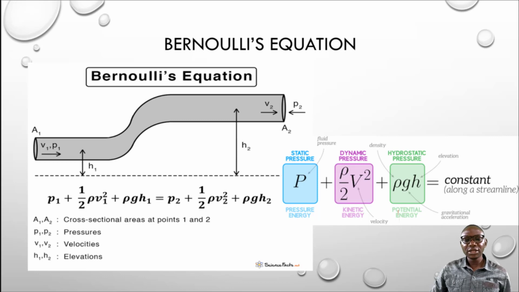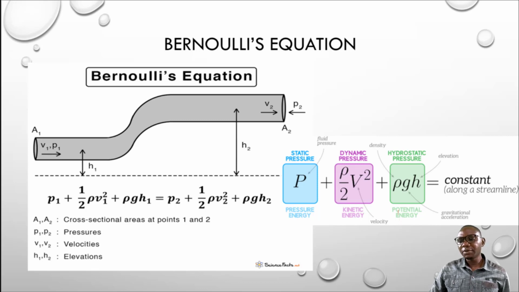Now let us consider the Bernoulli equation. The Bernoulli equation is a fundamental concept in fluid dynamics that helps us understand the relationship between pressure, speed and height in a fluid. It states that when the speed of a fluid increases, the static pressure or the potential energy of the fluid will decrease.